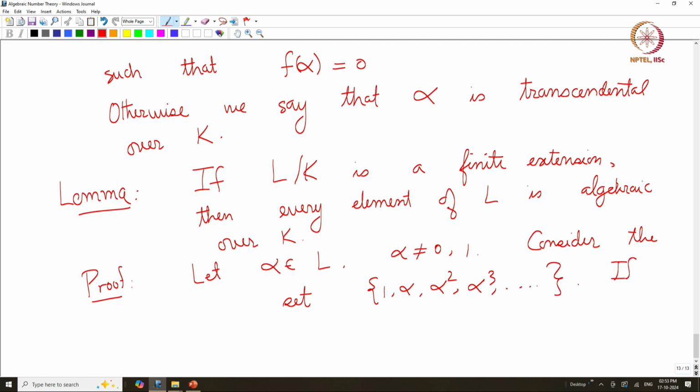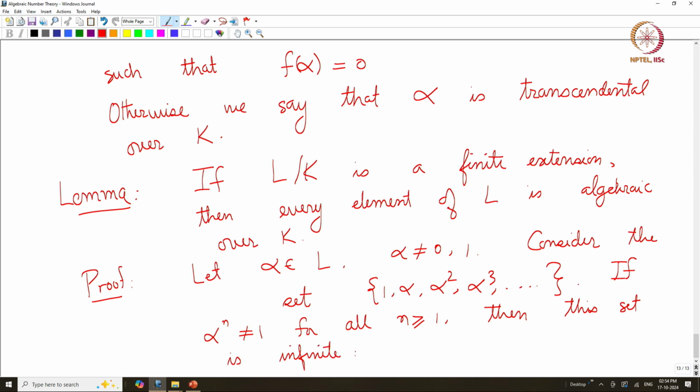So, if alpha to the n is not equal to 1 for all n bigger than or equal to 1, then this set is infinite.